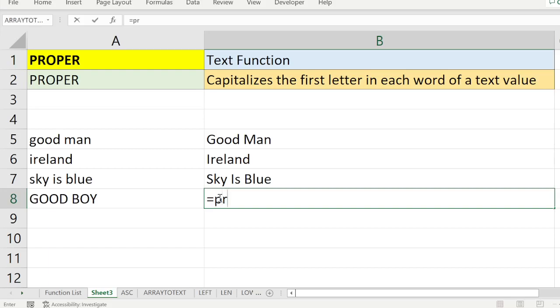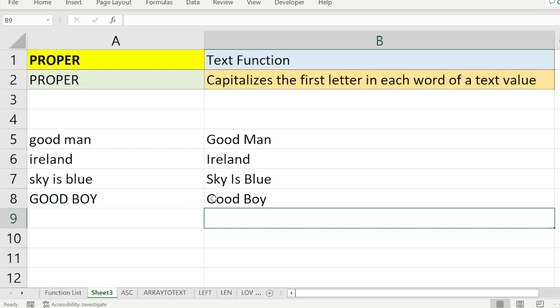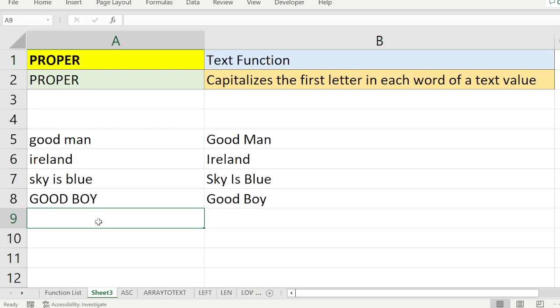PROPER of A8, you can see it made only the first character a capital letter, the remaining characters to lower. So this way it makes every word's first character capitalized, the remaining letters in lower case.